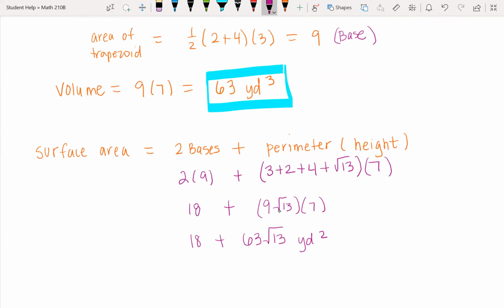This is the exact answer. And the approximate answer, on the exam, I accepted either approximate or exact answers. 245.1 about yards squared.